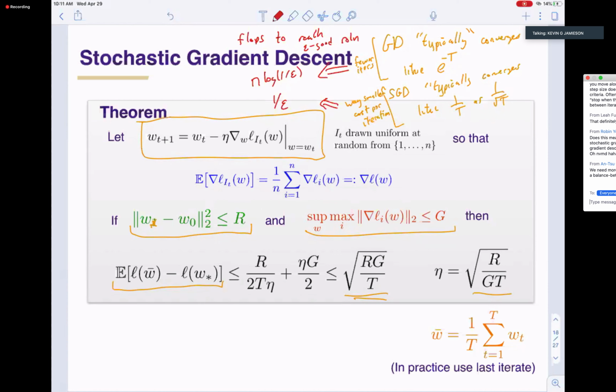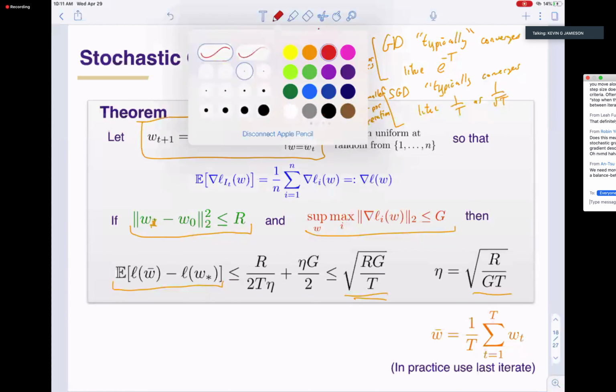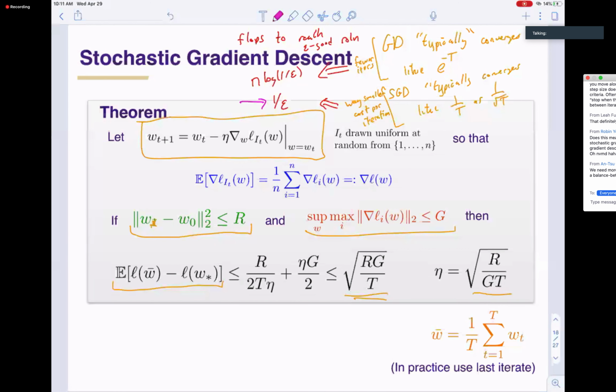And so the big point here is that this is independent of n. So if n is very, very large, you can start making progress before you've touched every data point. And in fact, this is very real.